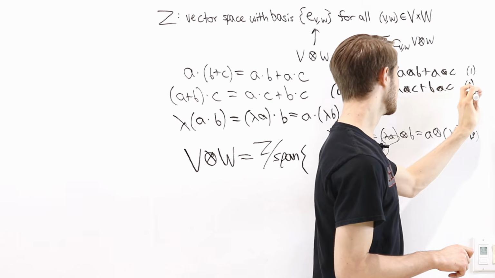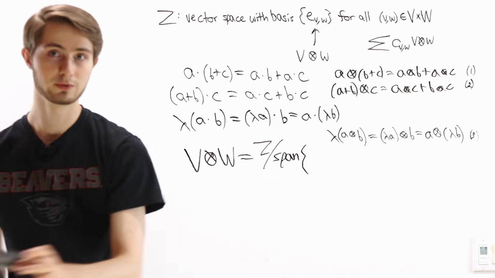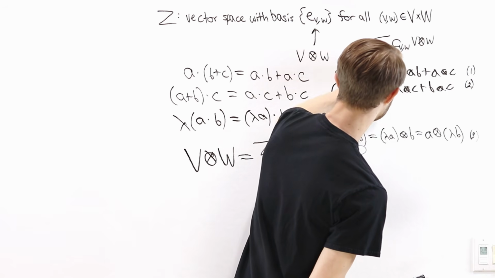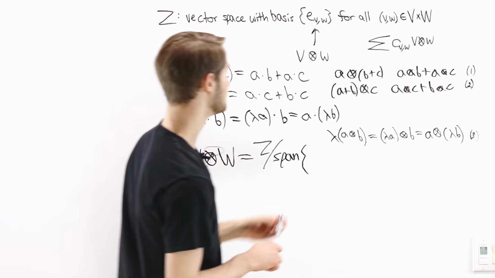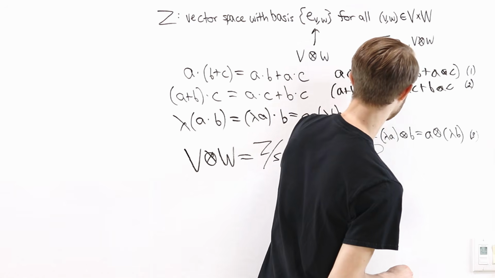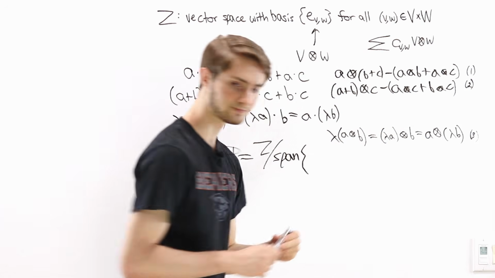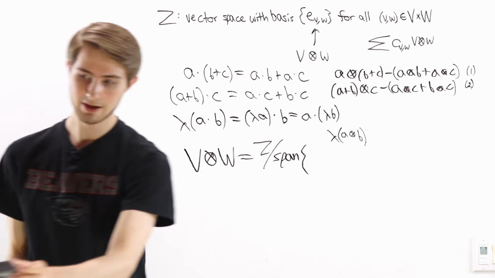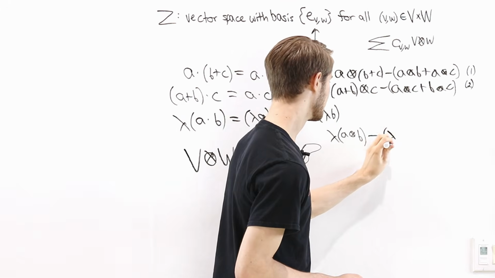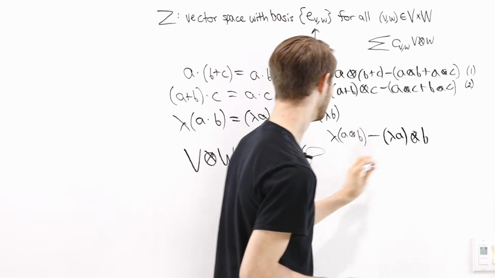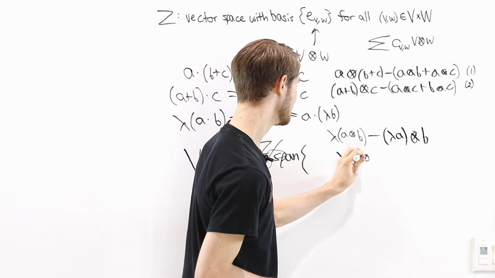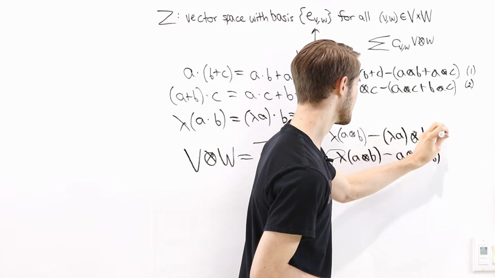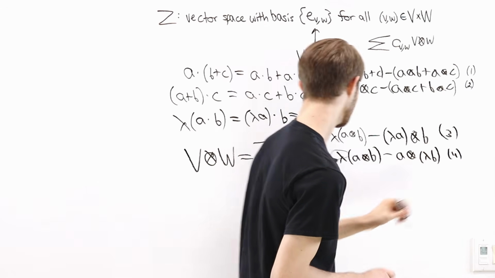And to make it nice and formal, remember that when we're doing these relations, we actually take the quotient by the left side of the equation minus the right side of the equation. So we'll do minus, minus here, and then over here, we'll have to split this into two parts. So we have lambda a tensor b minus lambda a tensor b, and also lambda a tensor b minus a tensor lambda b. So these are the final relations.